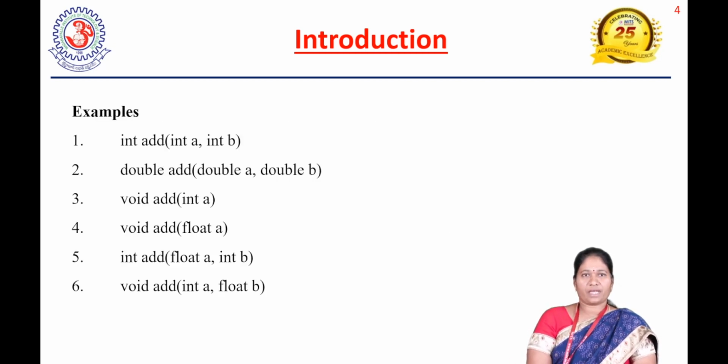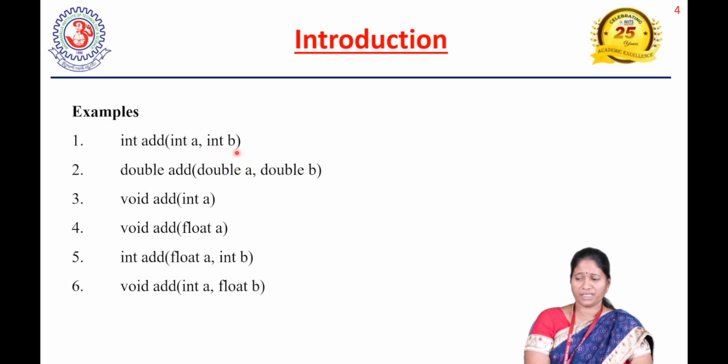If you see this example, we have a function called add. Add is the function name. There will be many functions with the same function name, but with a different number of arguments. Here there are two arguments, and here also two arguments. But here the return type is integer. In the third one, you have a single argument.